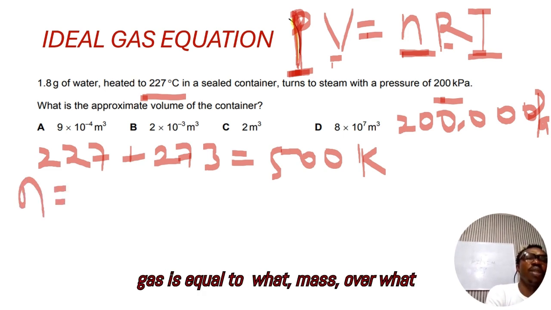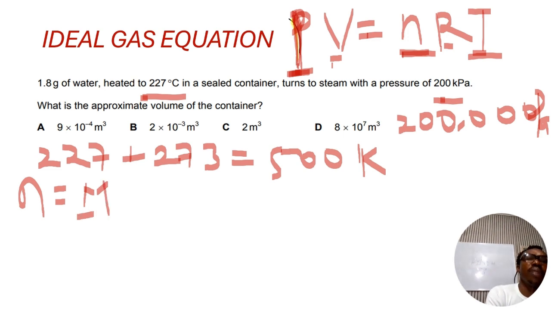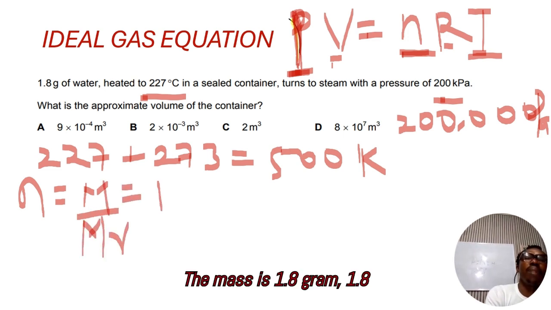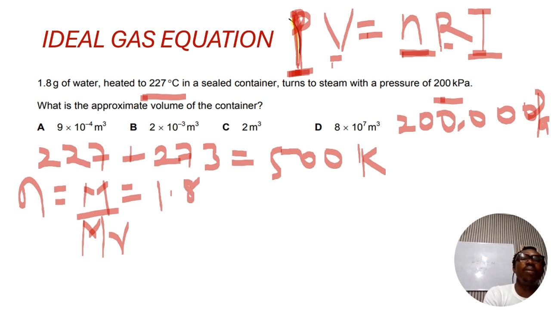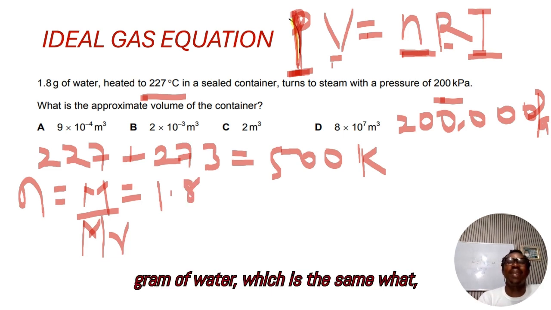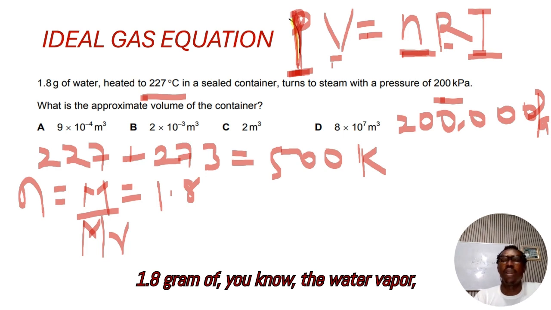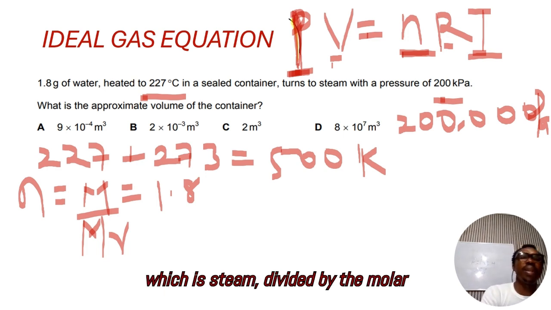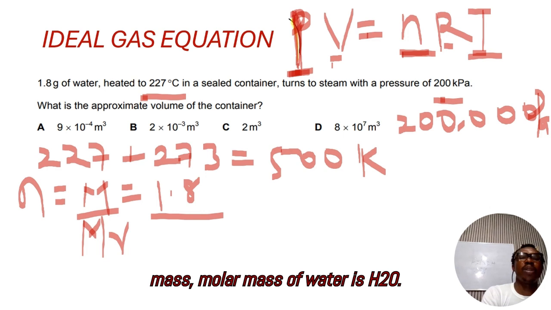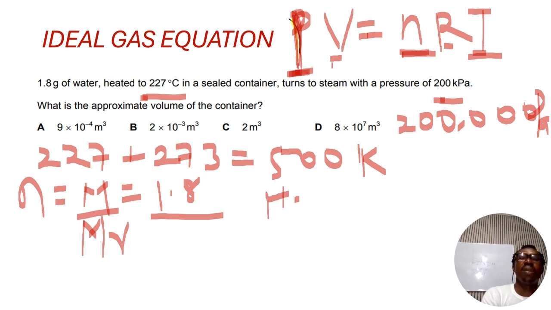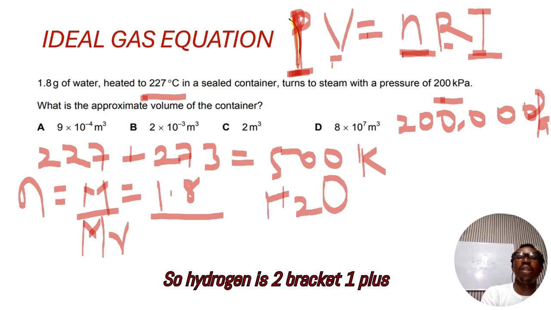Number of moles of the gas is equal to what? Mass over what? Molar mass. The mass is 1.8 gram of water, which is the same as 1.8 gram of the water vapor, which is steam, divided by the molar mass. Molar mass of water, H2O. So hydrogen is 2 times 1 plus 16.